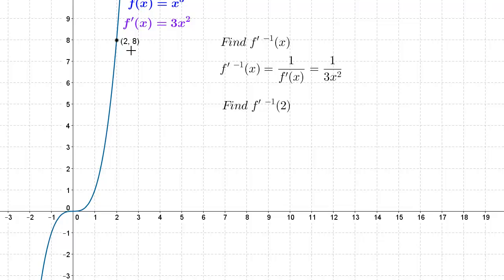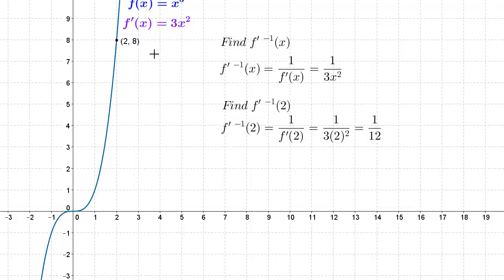So for example, if we wanted to find the instantaneous slope at the point 2, 8, of course the instantaneous slope of the original function will be 3 times 2 squared, or 12. The instantaneous rate of change at 2 of the inverse function is going to be 1 over f prime at 2. In other words, 1 over 3 times 2 squared, which is going to be 1/12.